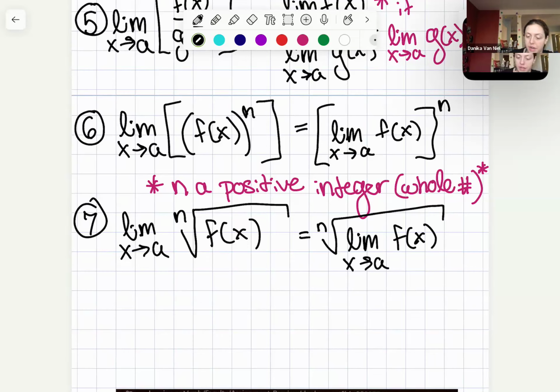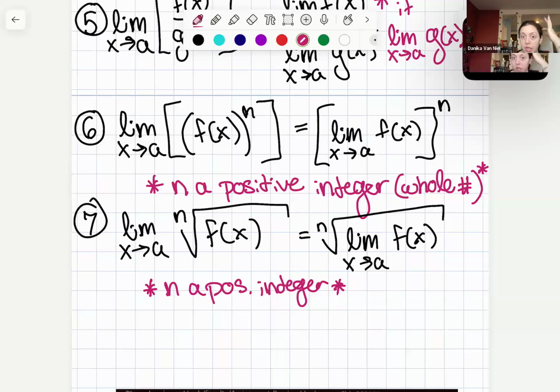Again, here n is a positive integer because we're taking the nth root, so that's 1 over n. The other thing is, remember, it doesn't make sense to take an even root of a negative number. Like the square root of -4, we don't know what that is, at least not in this class.